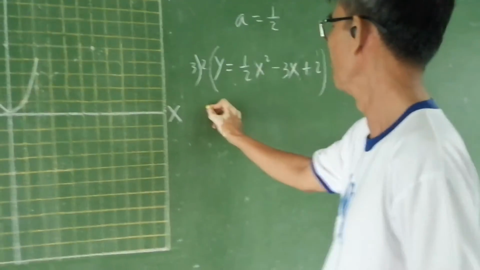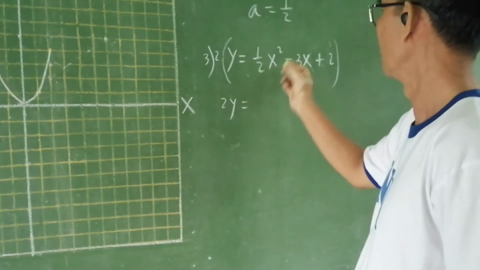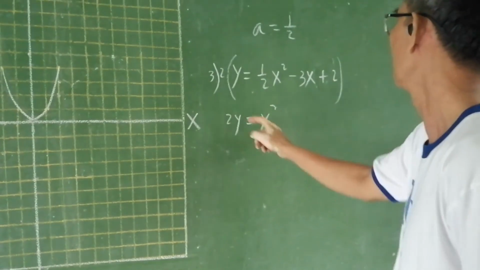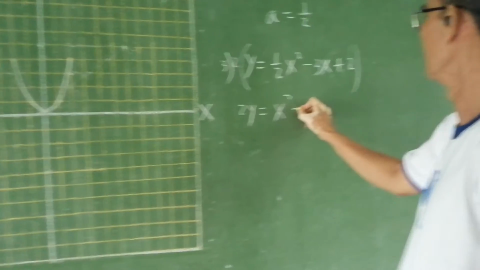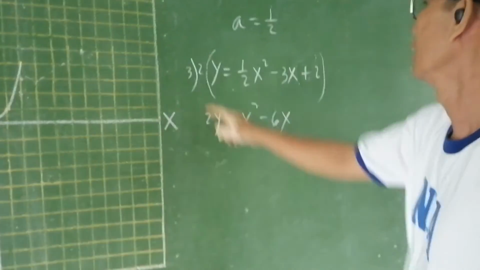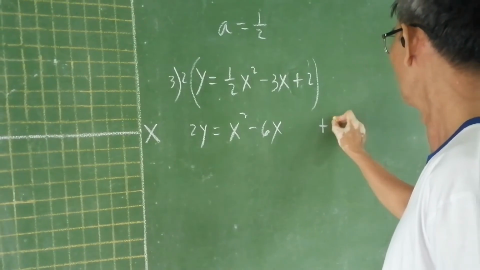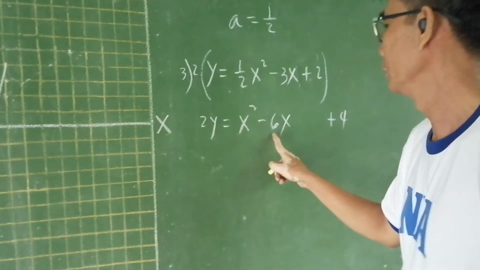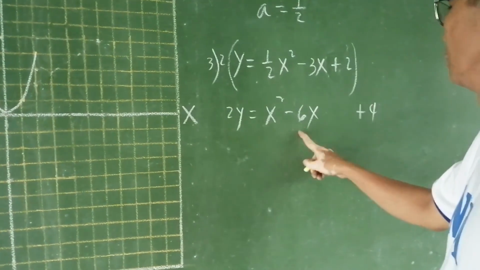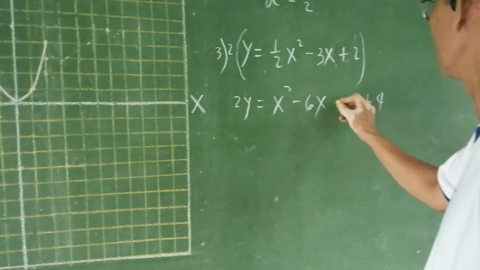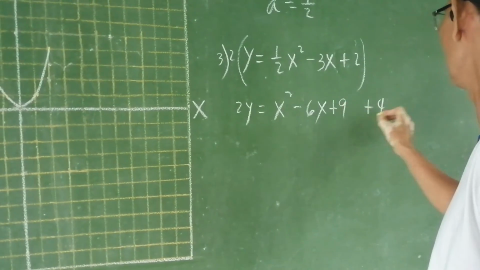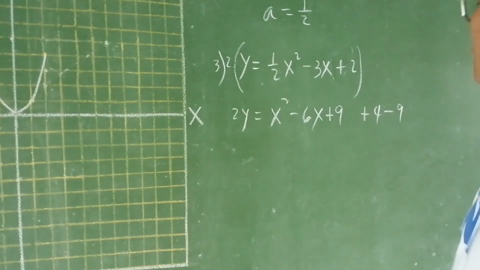So it will be 2y equals x squared minus 6x plus 4. Let's complete the square. 6 divided by 2 is 3, squared it will be 9. So plus 9 minus 9.